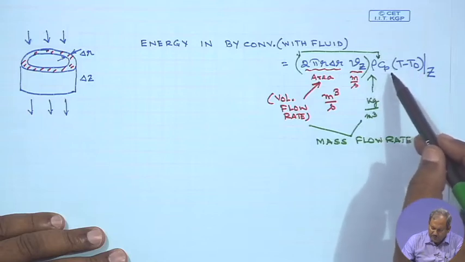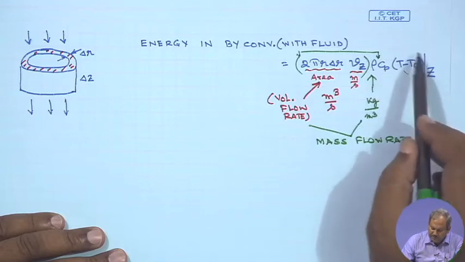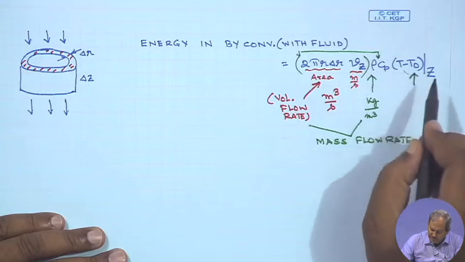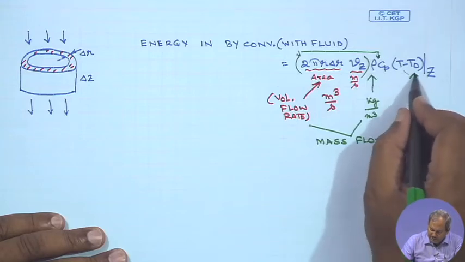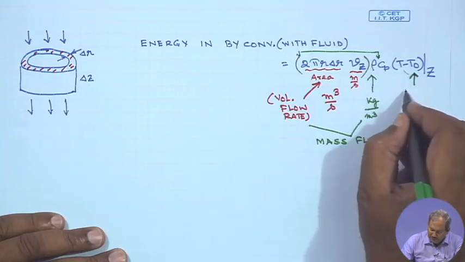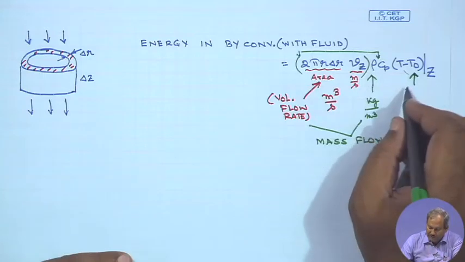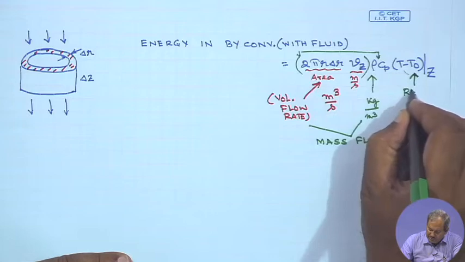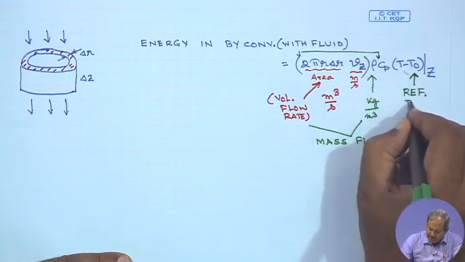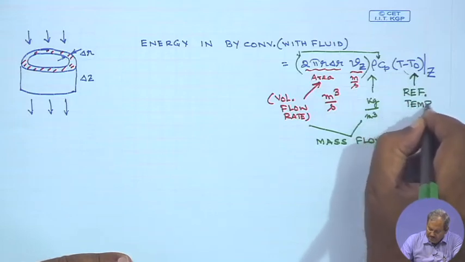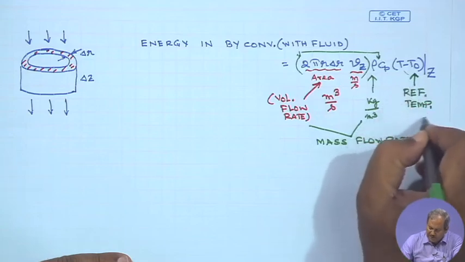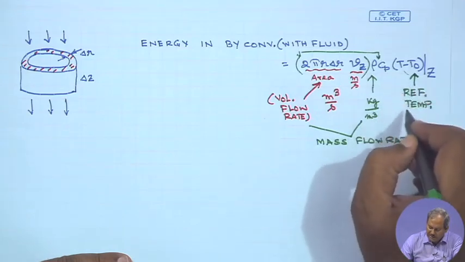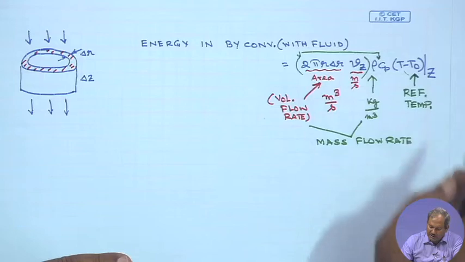This T naught is some reference temperature, because we cannot express energy in explicit form; it is always expressed in relative terms, and therefore this T0 is some reference temperature. You can define any temperature as the reference temperature as long as you are consistent and use the same value everywhere.